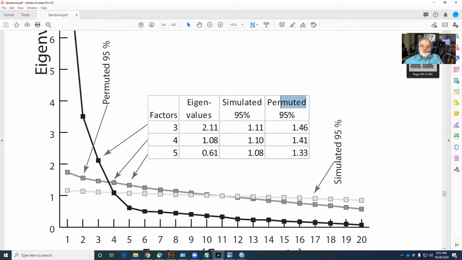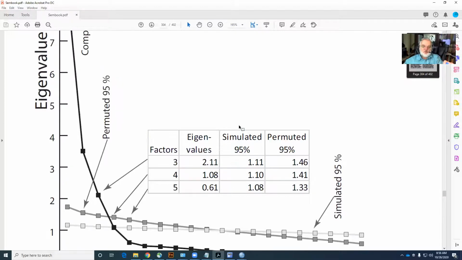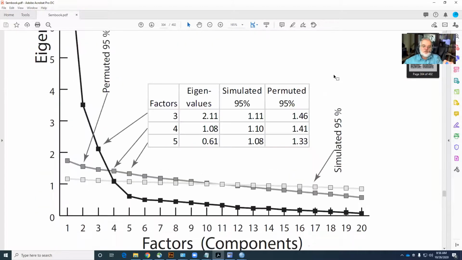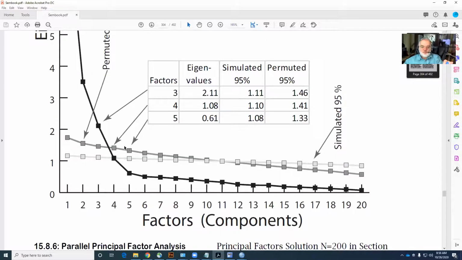So this is, again, the permutation. That is, I take each column of my data and I scramble it by randomly reordering it, and I do that for all my variables. And this is the simulation strategy, where I take the correlation matrix that I have and I randomly simulate that. Because I've only got 200 observations here, this gives me a substantially different picture.